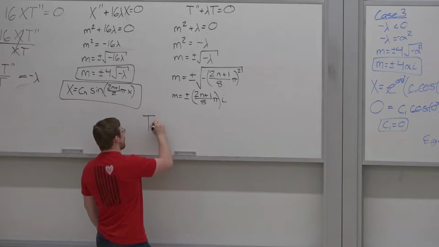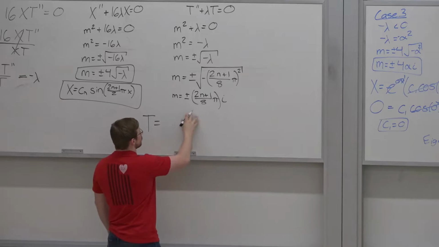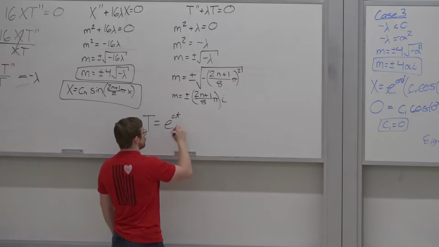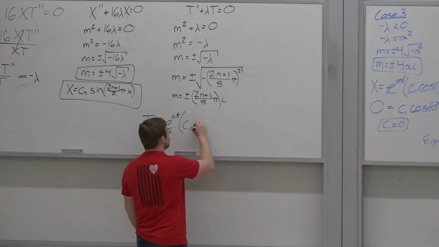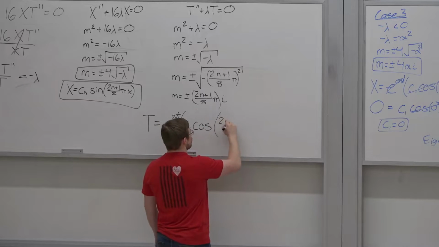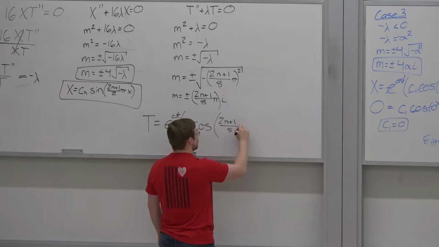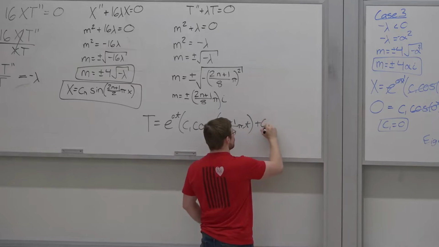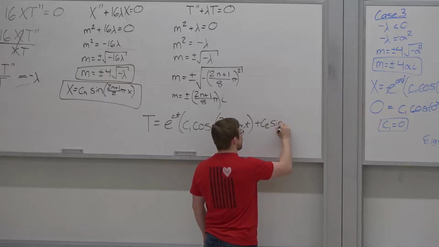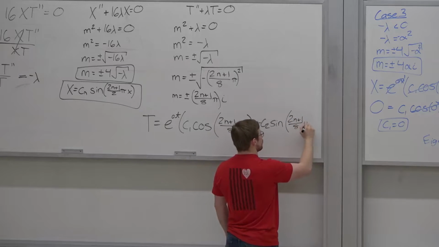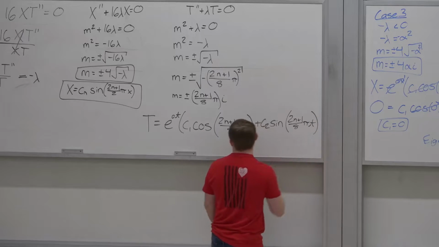So my capital T is going to be equal to e to the 0t times C1 cosine of this whole thing, (2n+1)/8 π t, plus C2 sine of (2n+1)/8 π t.